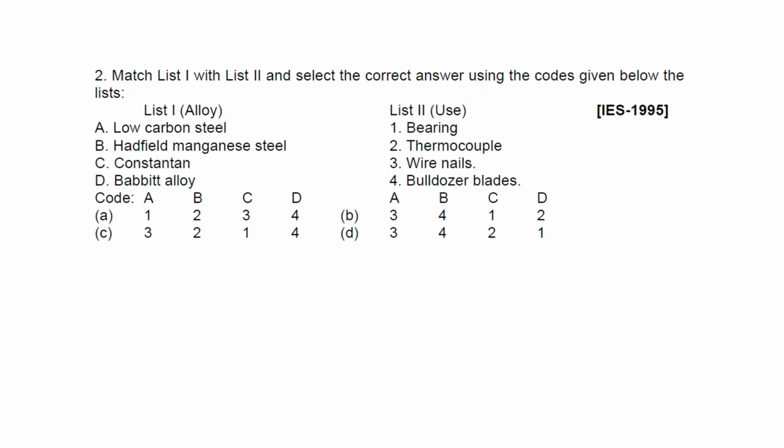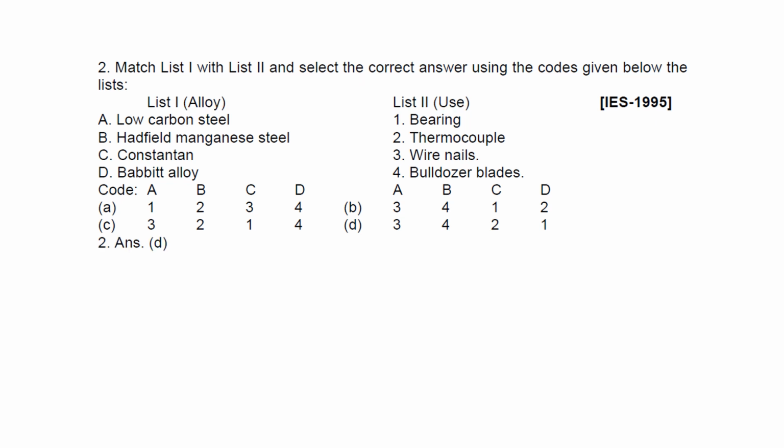Next question. Again this is a match the list kind of question, alloy and use. Low carbon steel, Hadfield manganese steel, Constantan, Babbitt alloy; bearing, thermocouple, wire nail, bulldozer blades.